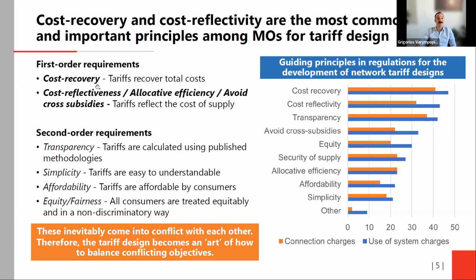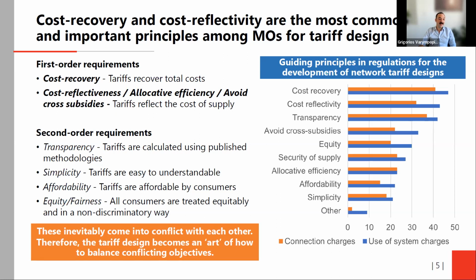So cost recovery, which means that our tariffs should be able to recover the total costs, so the costs that are typically determined by the allowed revenues. And also tariffs should be cost reflective, which means that they should reflect the cost of supply. The second order requirements are transparency, which means that tariffs should be calculated using published methodologies.